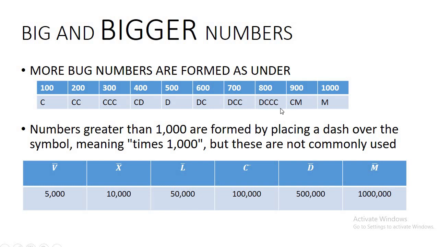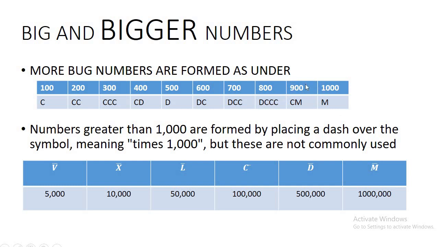Similarly, DCCC, that means C is repeated 3 times, so 500 plus 300 gives us 800, and then we have to represent 900, but we cannot repeat C more than 3 times, so we take help of M, which represents 1000. So CM means 1000 minus 100, that gives us 900.